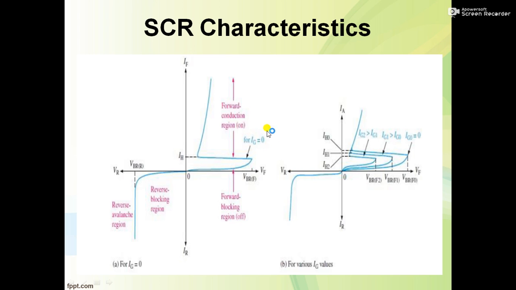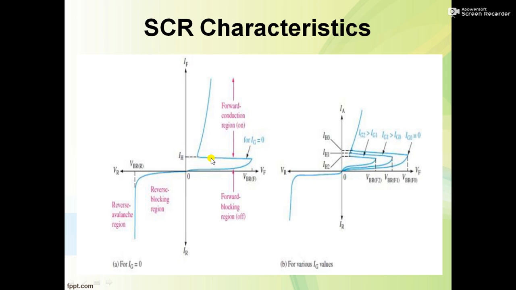At Ig equal to 0, it is turned off, but when the gate current increases, less voltage is required to turn on the SCR.